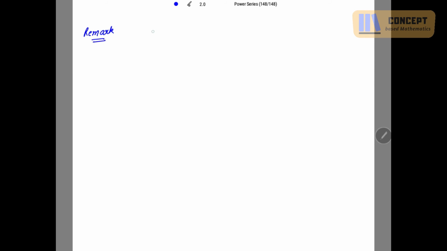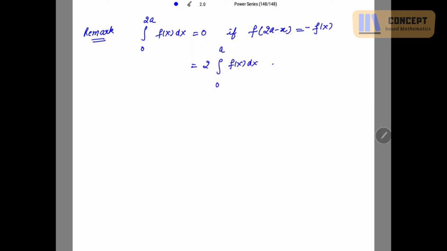You have also studied in the earlier classes that the integral from 0 to 2a of f(x) dx is 0 if f(2a − x) is equal to minus f(x), and this integral is 2 times the integral from 0 to a of f(x) dx if f(2a − x) is equal to f(x).